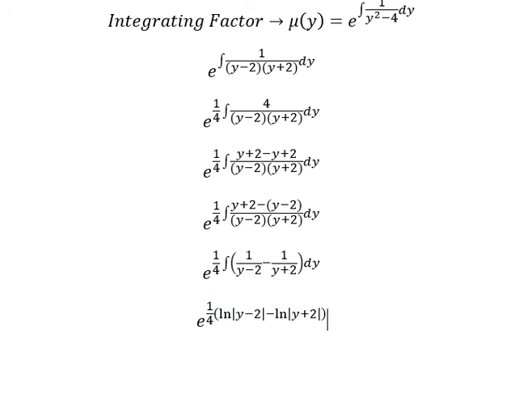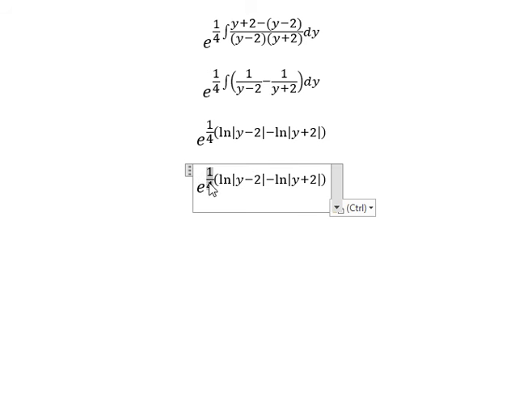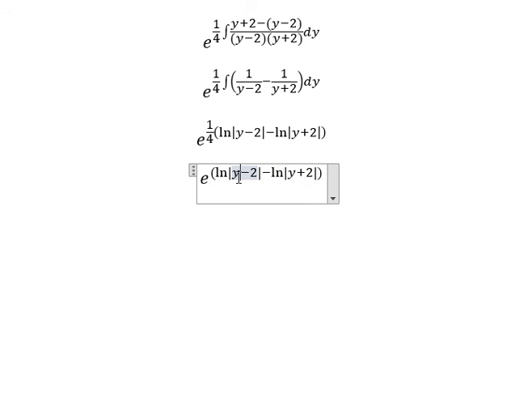And now we can put 1 over 4 inside the ln in here. And we can cancel the absolute value in here.